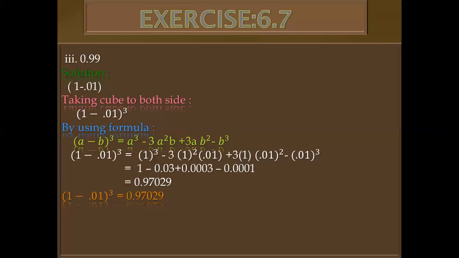The cube of 1 is 1, minus 3A square B, 3 into 1 square into 0.01, plus 3AB square, 3 into 1 into 0.01 whole square, minus B cube, which is 0.01 whole cube. When you multiply, take the cubes and simplify, you get the answer 0.97029. And again, you can verify your answer by using a calculator.